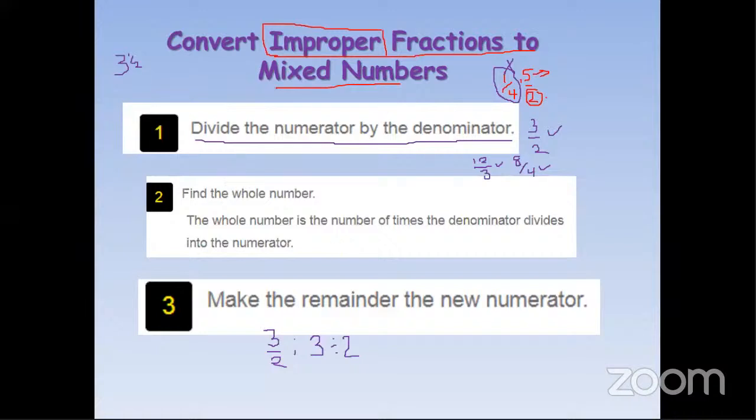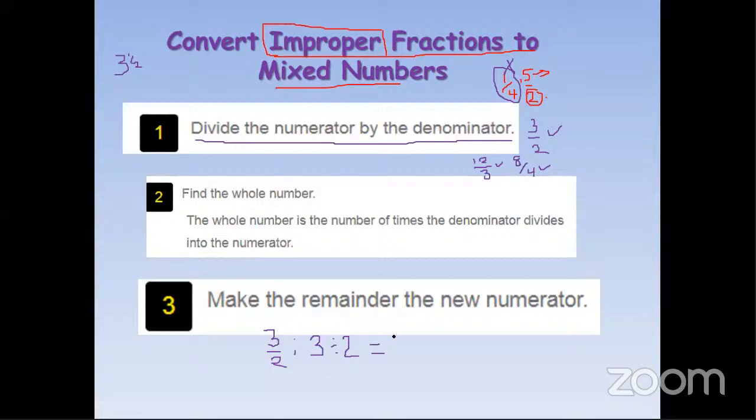Then we move to step number 2. When you divide 3 divided by 2, what whole number do you get?